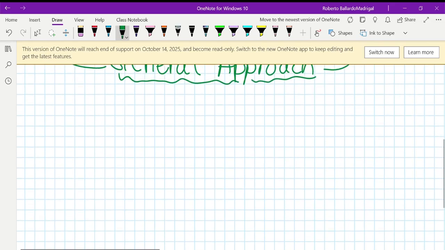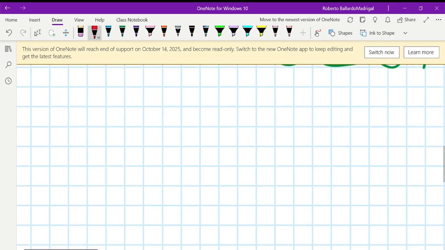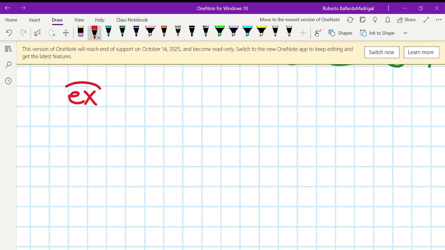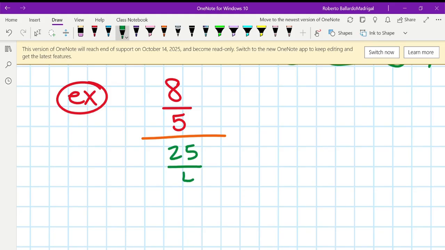Okay, so let's take a look at an actual example now with some numbers. So let's say I have the following. 8 over 5 divided by 25 over 4. Once again, 8 over 5 divided by 25 over 4.